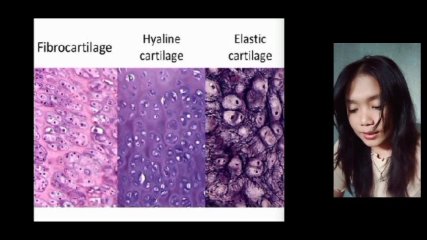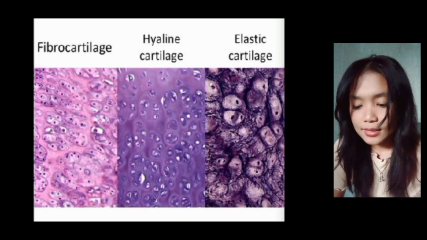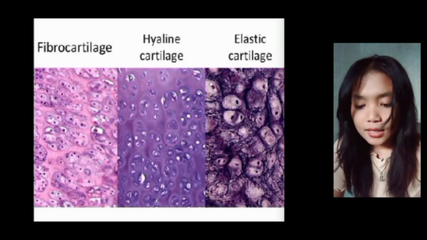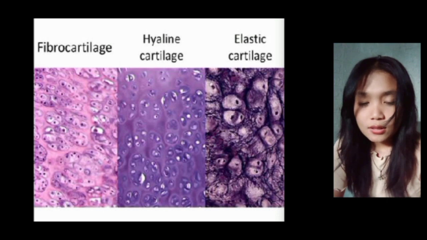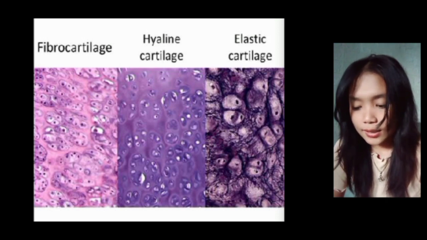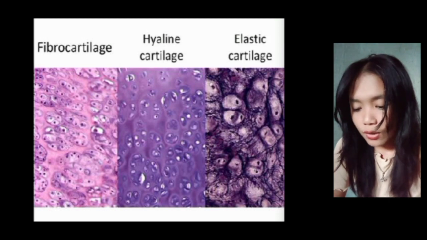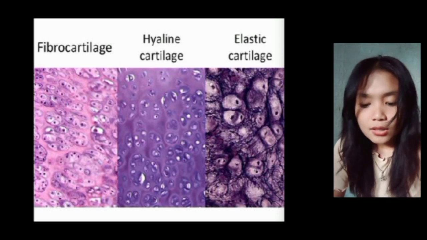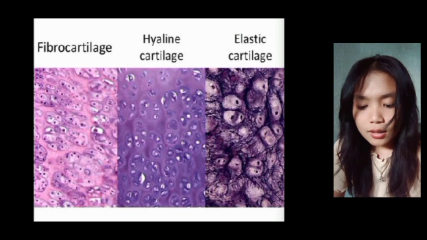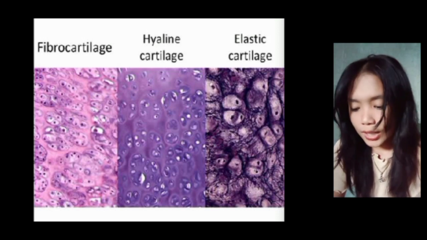Hyaline cartilage is the glass-like and translucent cartilage found on many joint surfaces. It is also most commonly found in the ribs, nose, larynx, and trachea.